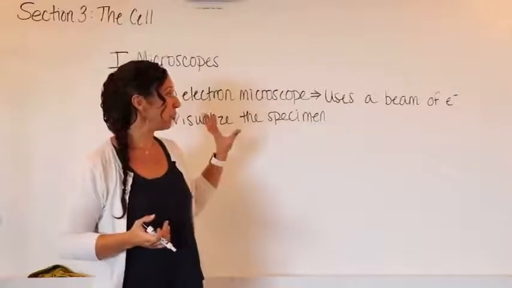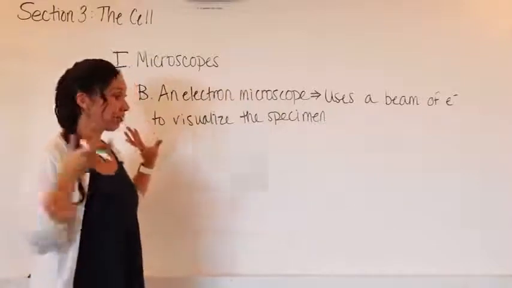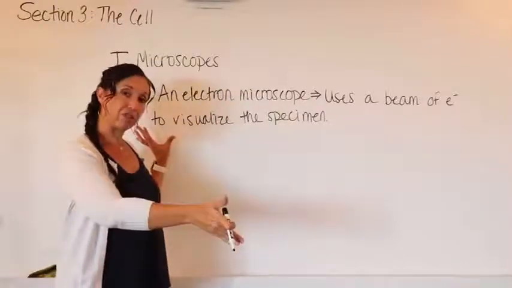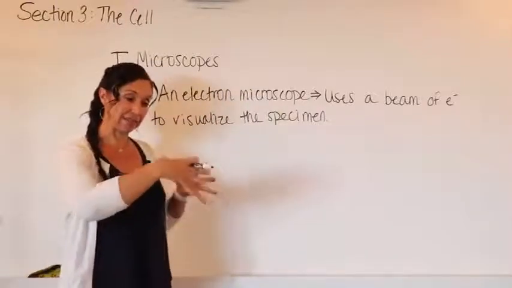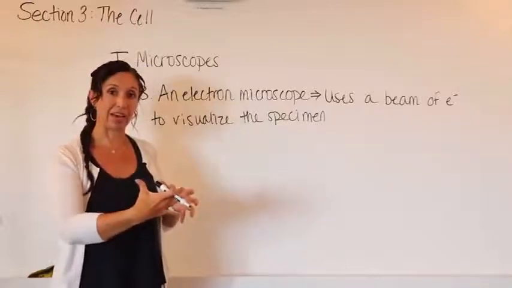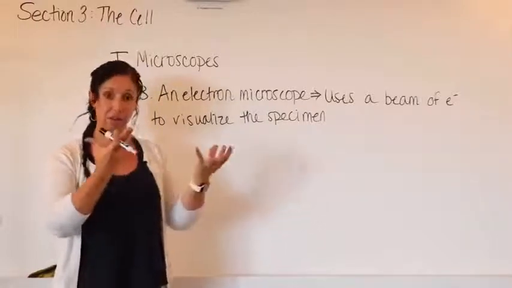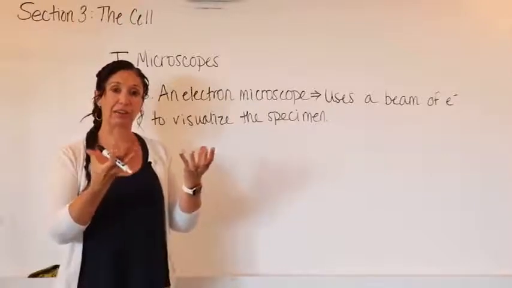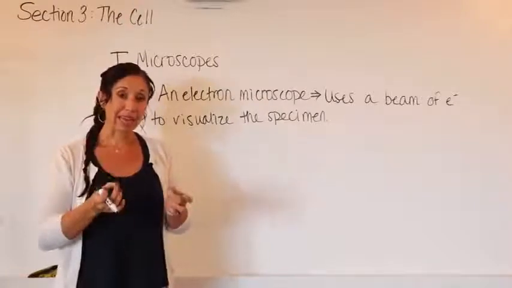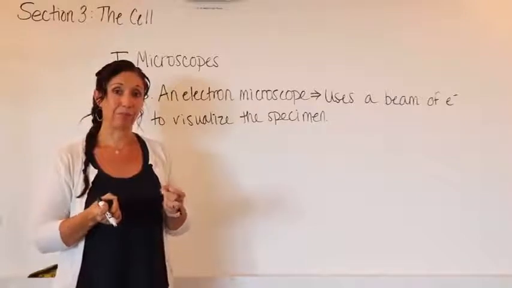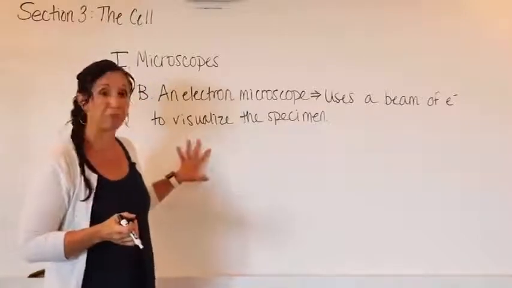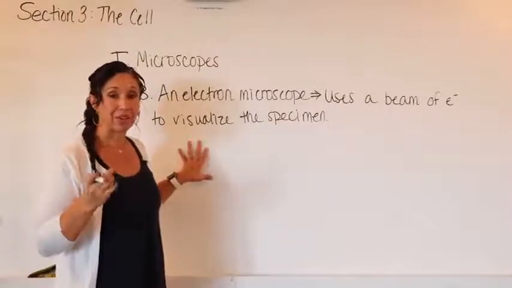And when you shine this beam of electrons on your specimen that has this staining on it, that allows specific structures in the tissue to glow, and you can actually see this amazing detail within the cell. Because the benefit to electron microscopy is the magnification.